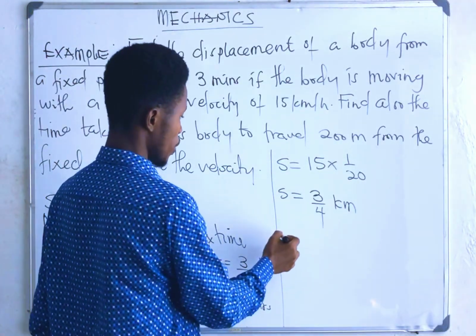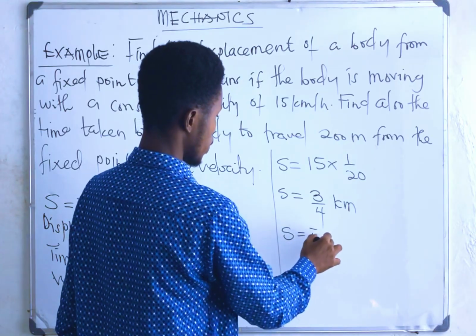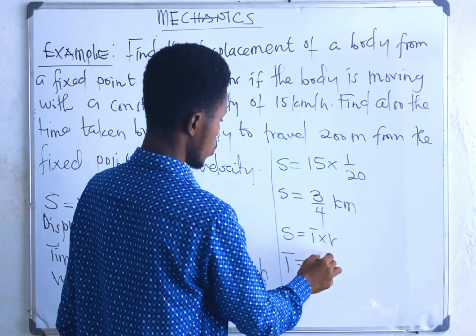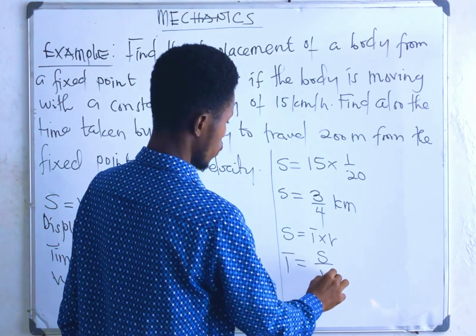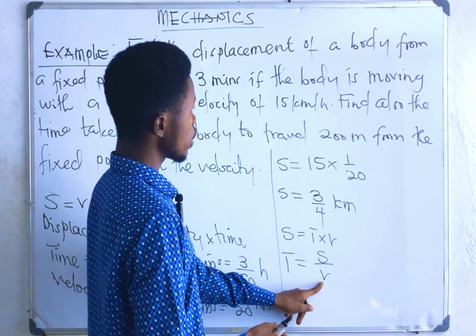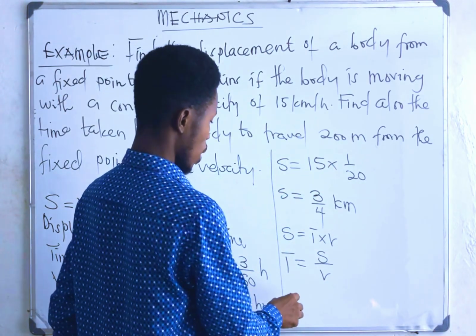Is that okay? So here we want time. We know that displacement equals time times velocity. So if I want to make time the subject, time will be equal to S over V. But before I do the substitution, we know that our V is 15 kilometers per hour. So let's convert these 200 meters given to us.